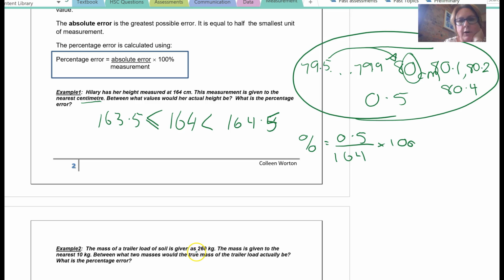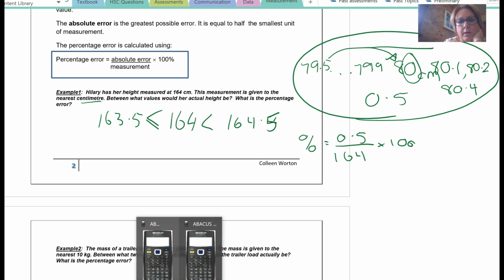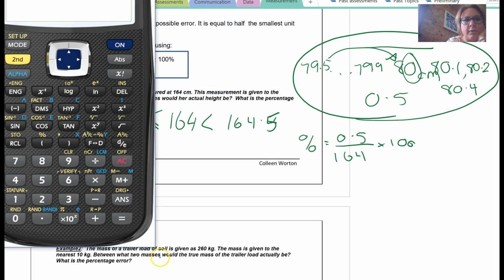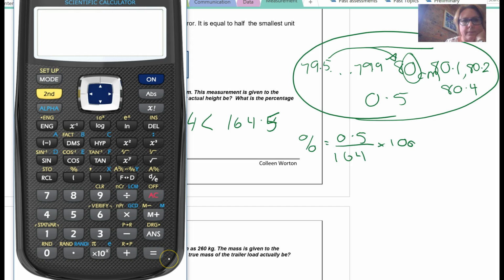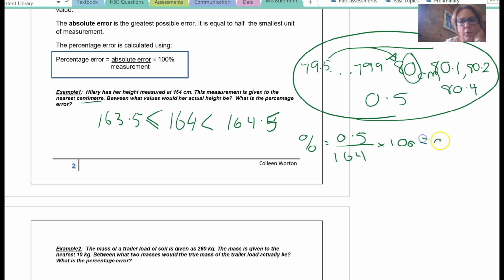Very excited, it's finally on the computer. 0.5 on 164 times 100. So it's 0.3% error, so it's not very big error.